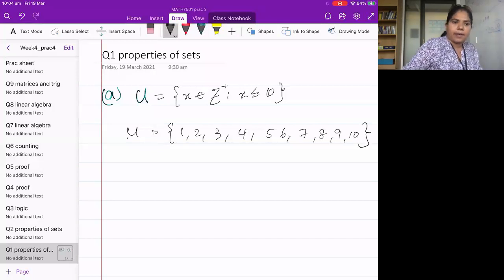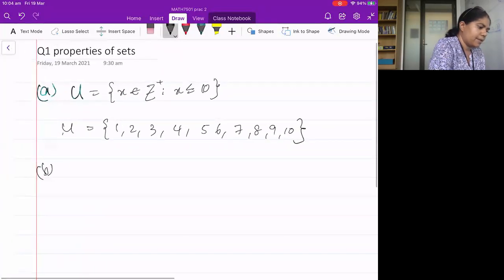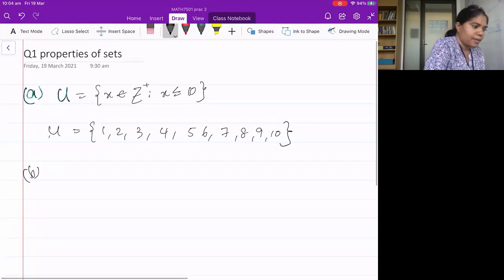Okay, that's part A. Part B is: write out all the elements of A.